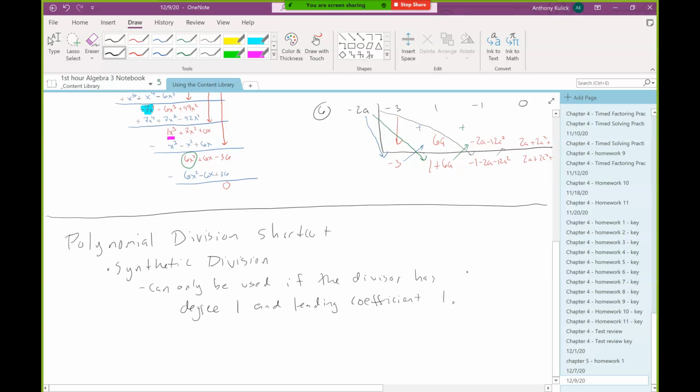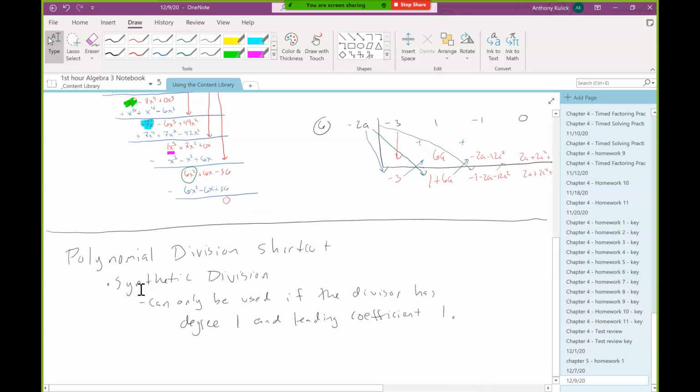So synthetic division can only be used if the divisor has a degree of 1 and its leading coefficient is 1. But we encountered some problems like that in the previous homework, right?